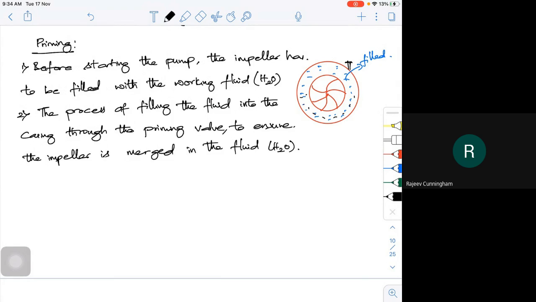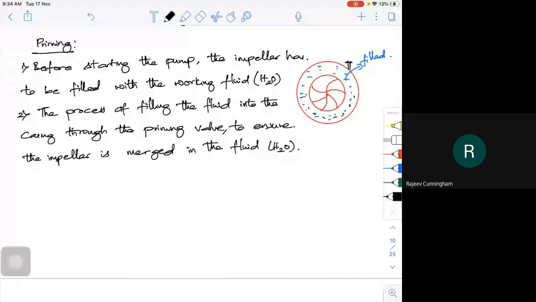So priming is the process of filling the casing with the working fluid to ensure the impeller is properly submerged. If the impeller is not properly submerged, the head developed by the pump is less because of the air trapped in the casing.